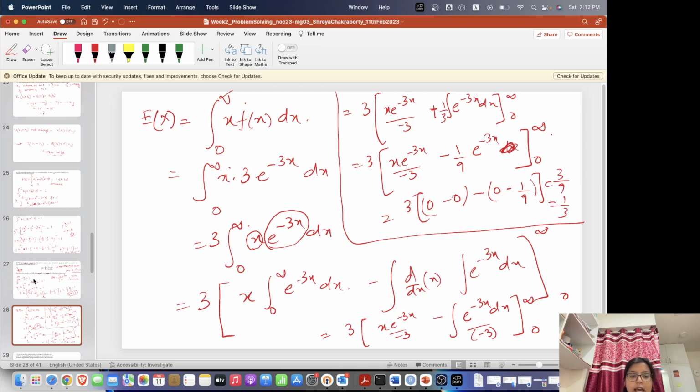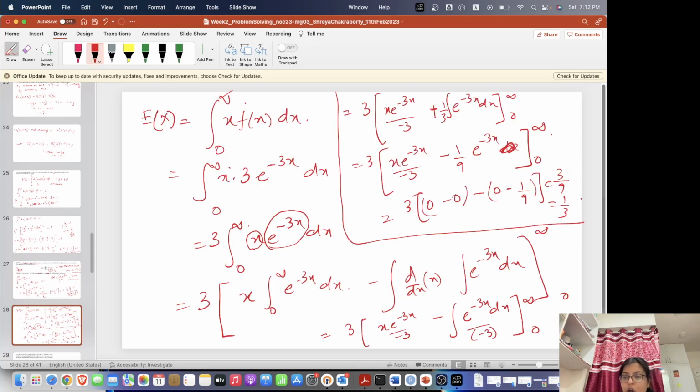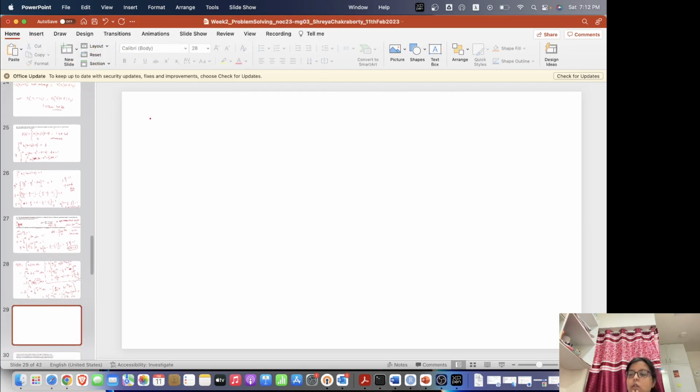So if you just tally, if you have an exponential distribution of this functional form, then expectation of x you'll find in the slide is given by 1 by lambda. So here lambda is nothing but 3, so mean will be 1 by 3, and that is what we got. Is it fine? And also they have asked for the median.